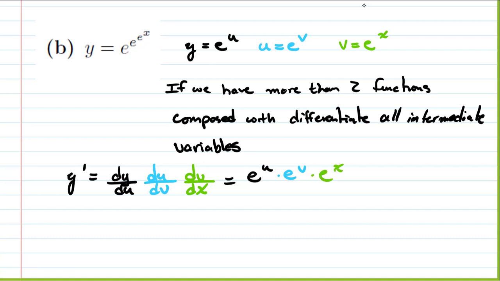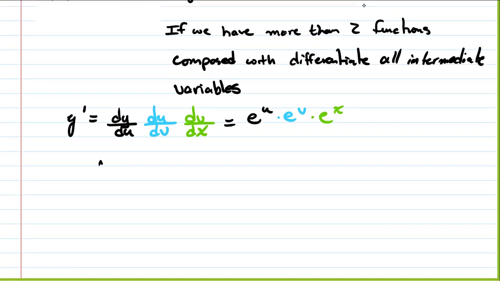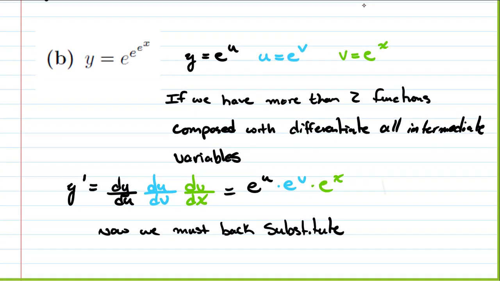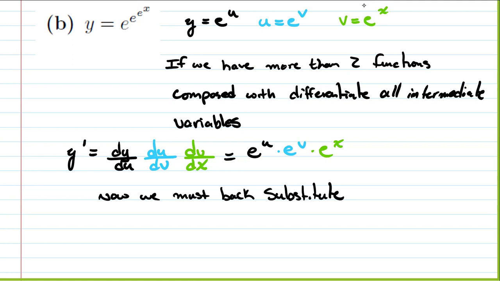Now we have to back substitute. Well, we were doing that in all the previous examples, but there was only one substitution. Now we've got it in layers. And we'll notice that u is a function of v, and v is a function of x.